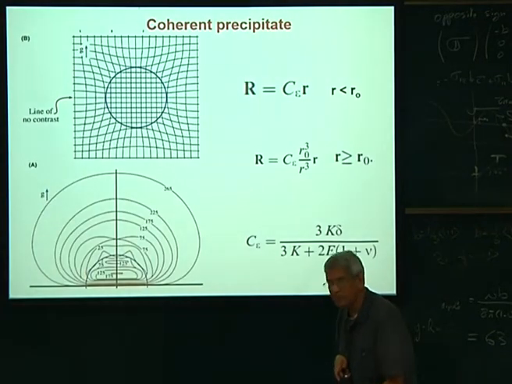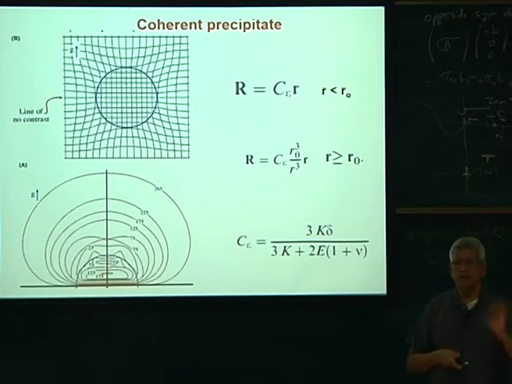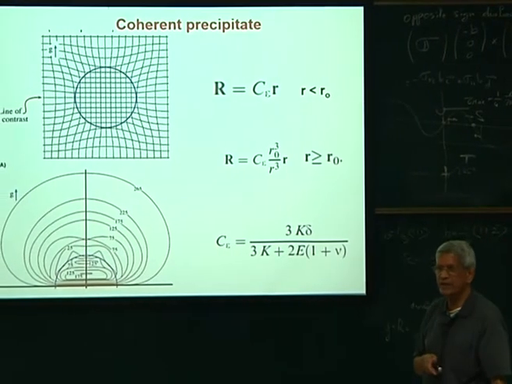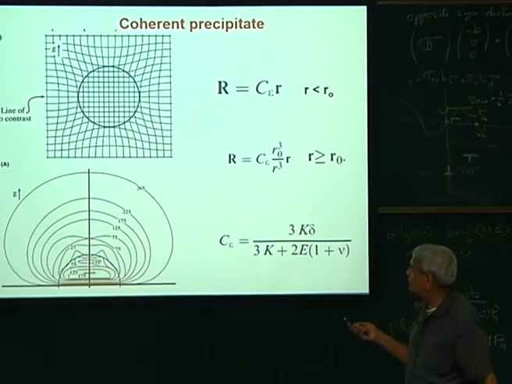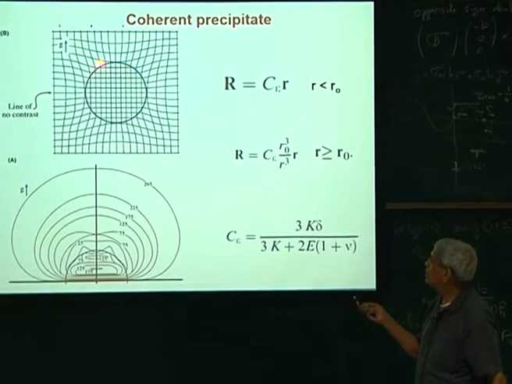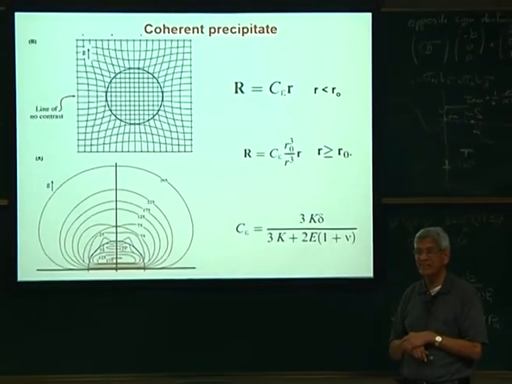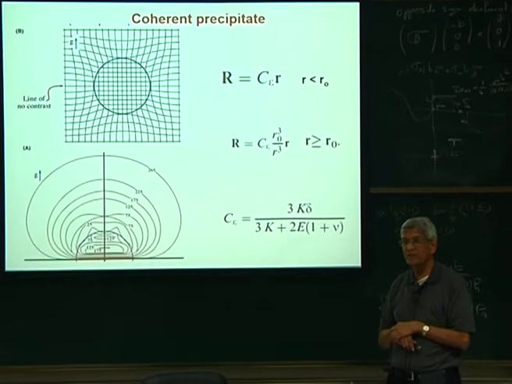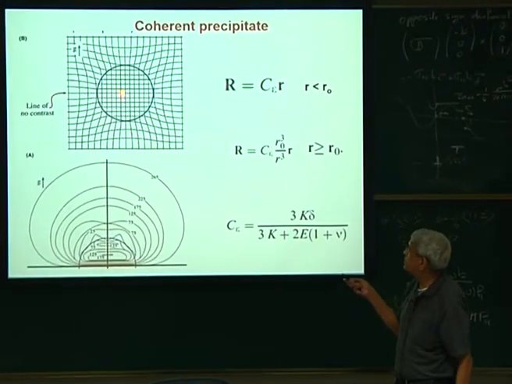Another effect which can happen is that suppose you have very fine precipitates which are coherent with the matrix. What is the difference between a coherent and an incoherent precipitate? The lattice tries to adjust.